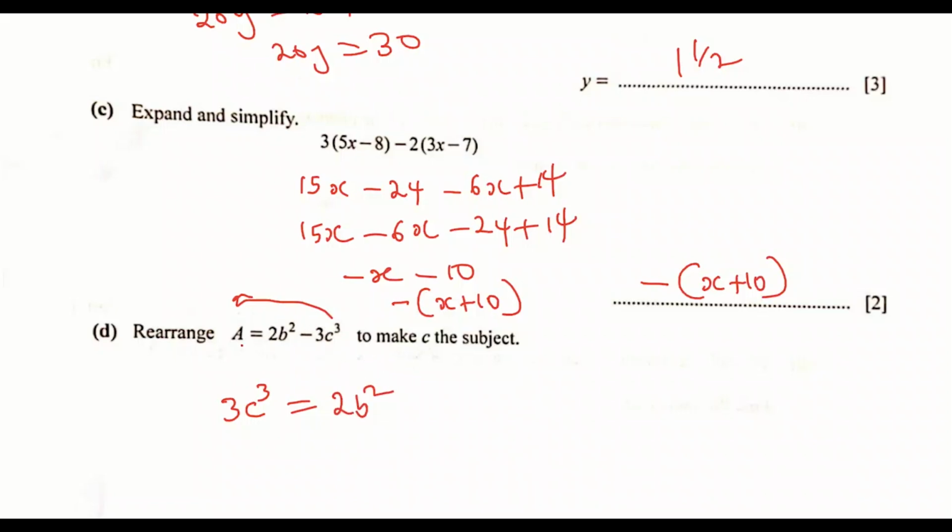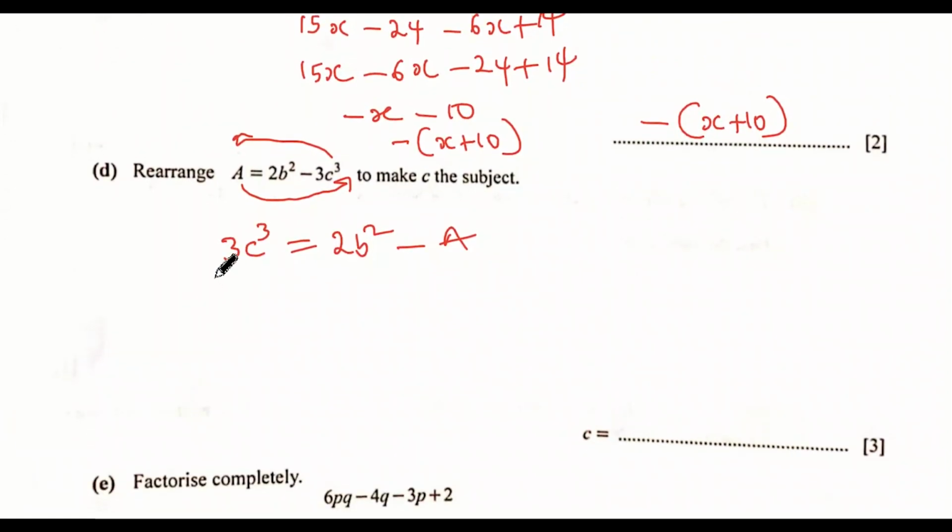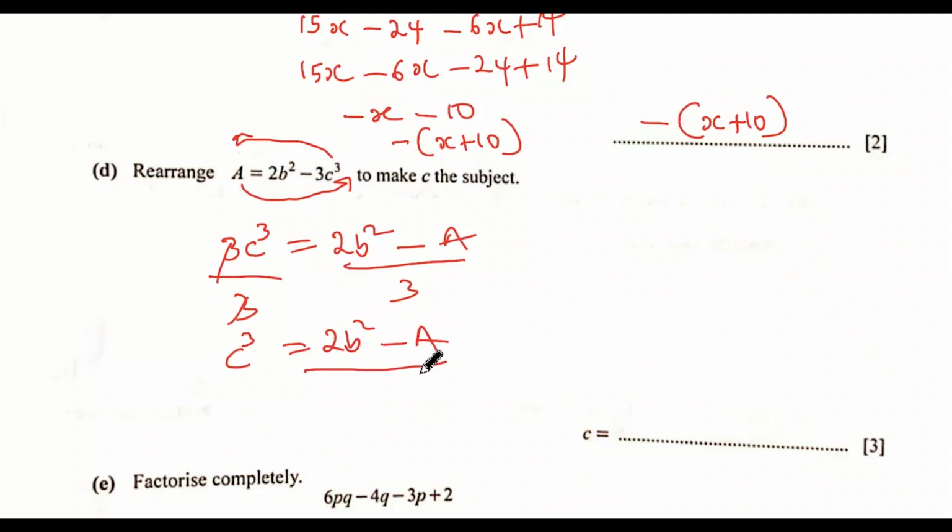Then we can now bring a to the right hand side, that will be minus a. And finally we divide both sides by 3. So this will cancel this. We are left with c cubed equals 2b squared minus a, everything over 3.